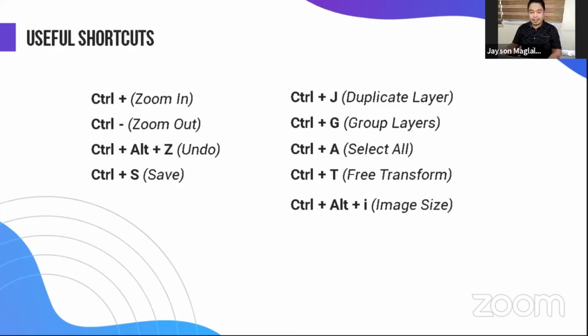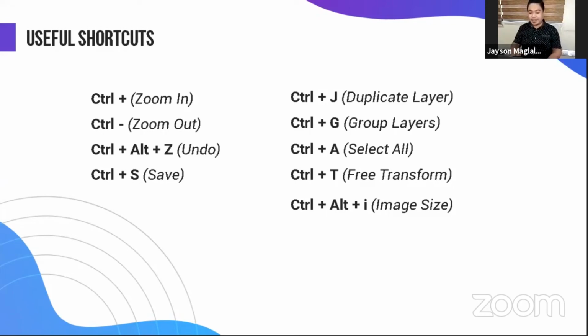Next are these useful shortcuts that we will be using later on when I'm discussing in Photoshop. So if you have your phones, you can take screenshots, or you can take note of some of these shortcuts. As I go along with my discussion, you can simply get familiar with them.